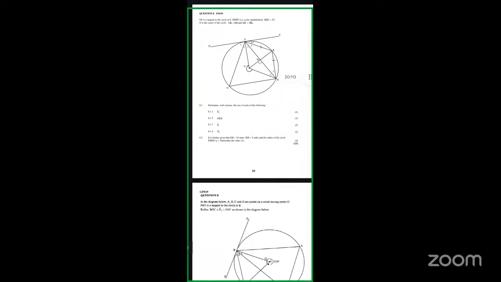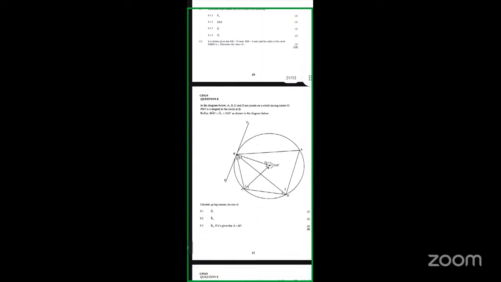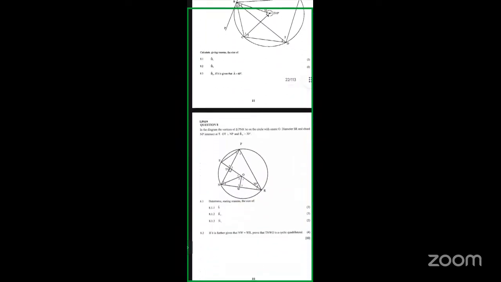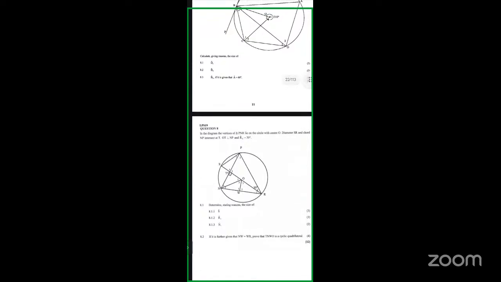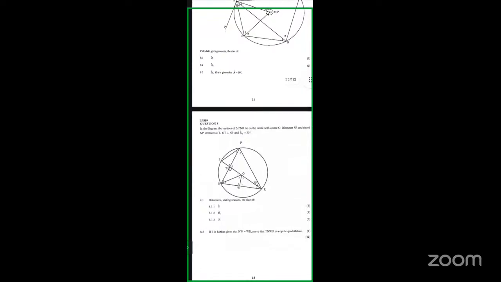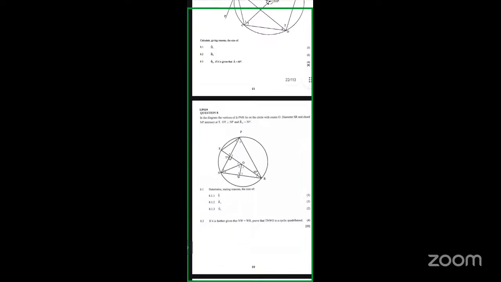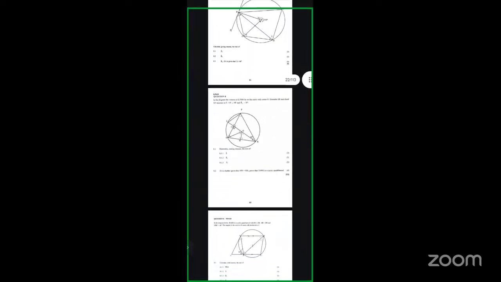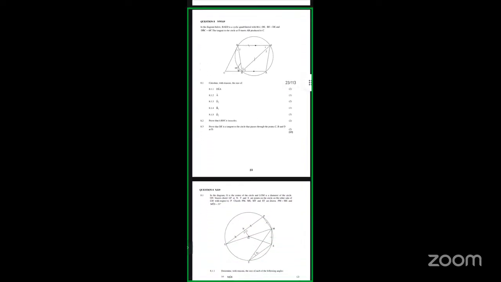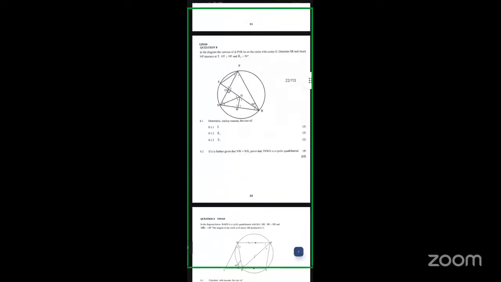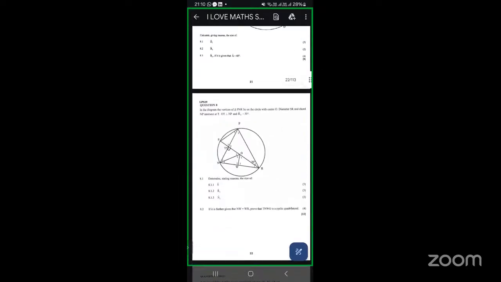I will send this question 8 and this question 8, and this question 8 as well, especially those 8.2 questions. Interesting, because maybe with the upcoming lesson, we will focus more on these questions that require us to prove some things, because I think we did a lot of questions that want us to find the size of some angles. So guys, any question regarding what we did tonight?